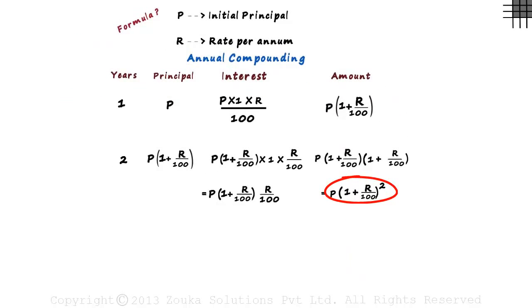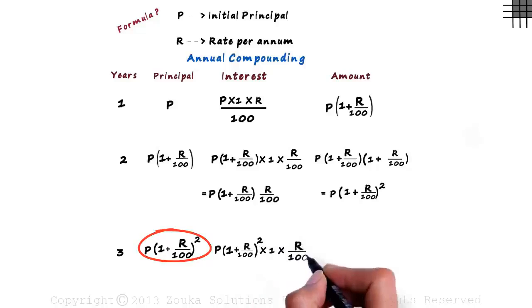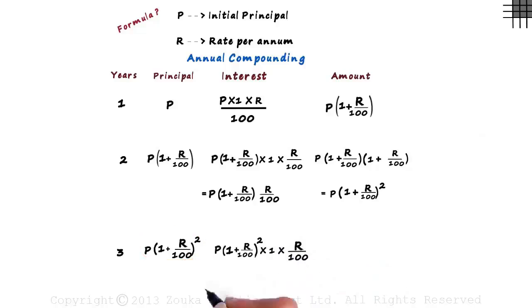Let us move on to the third year. This becomes the principal for the third year. We use the same formula for the interest. The interest will be this multiplied by 1 multiplied by R by 100. This can be simplified as P multiplied by 1 plus R by 100 the whole squared multiplied by R by 100.